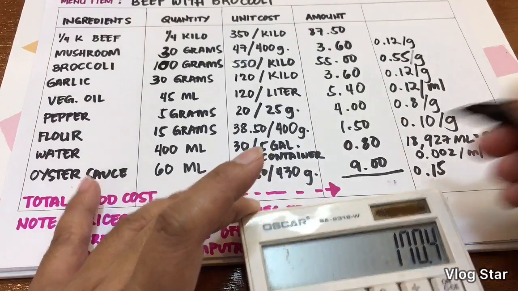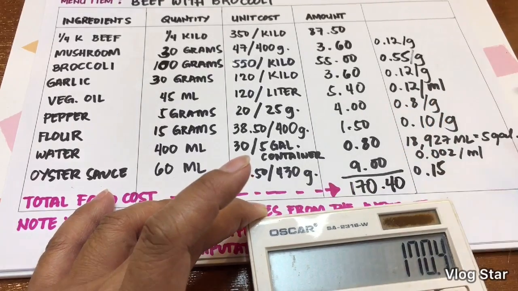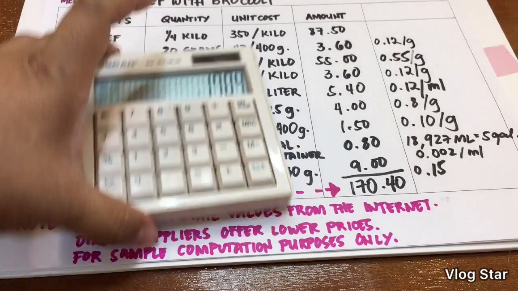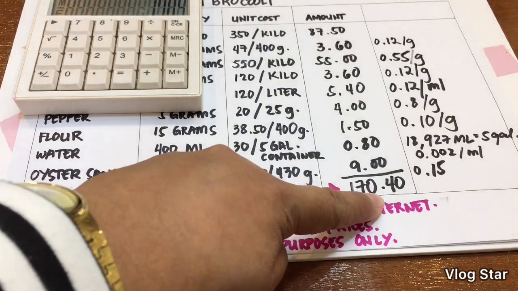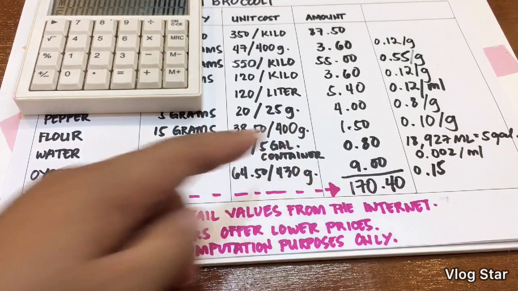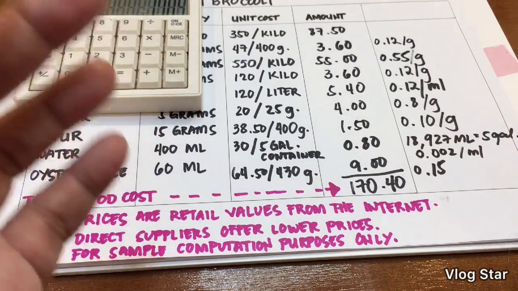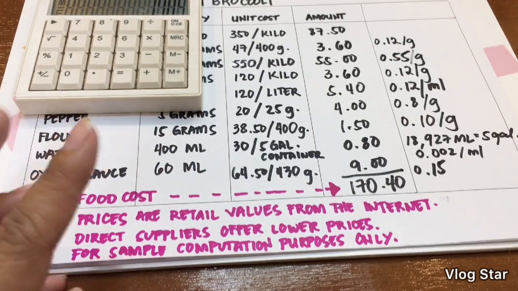And this will give us 170.40 pesos. So, ito yung ating total food cost, 170.40, para dun sa isang bowl ng beef with broccoli that will serve 2 to 3 persons.